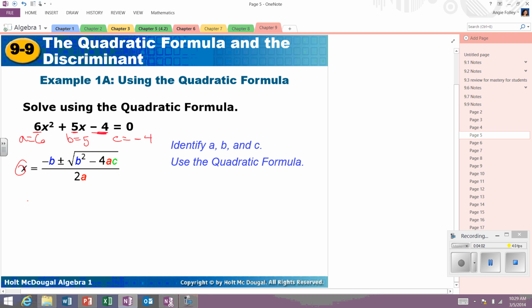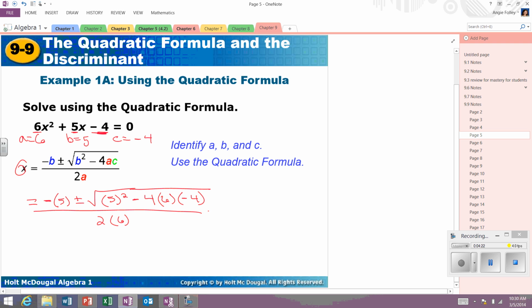So now I'm going to plug them in. -b, so negative, I'm going to plug in 5, plus or minus square root of b squared, so 5 squared, minus 4 times a is 6, times c is -4, all over 2 times a, which is 6.